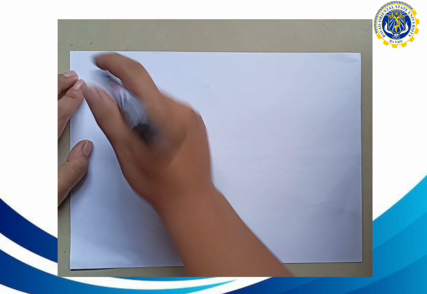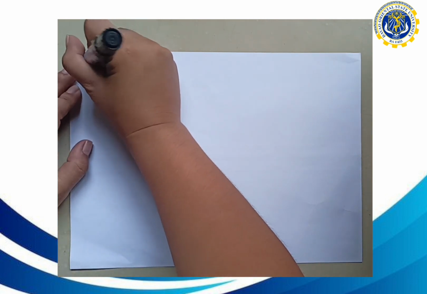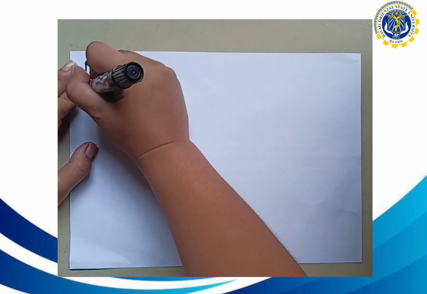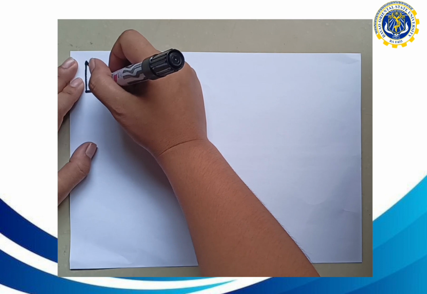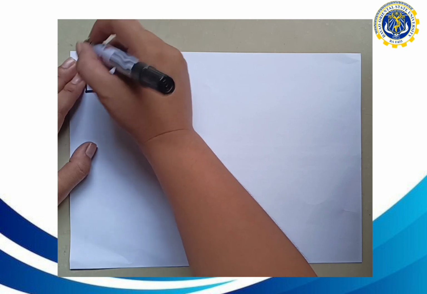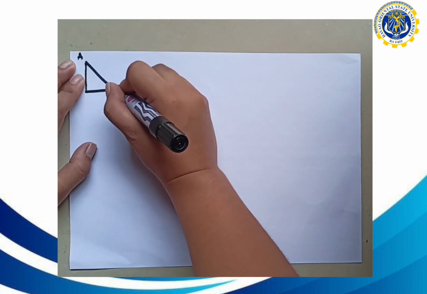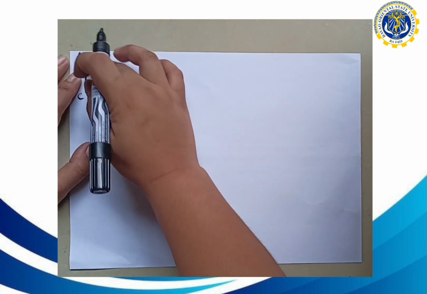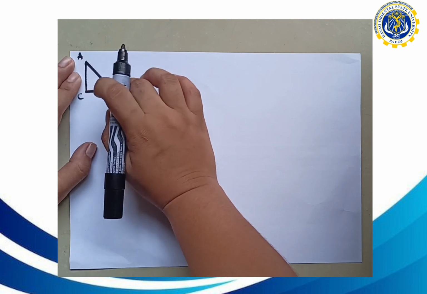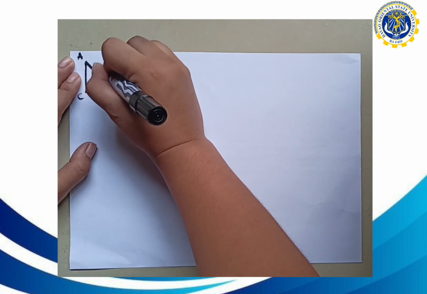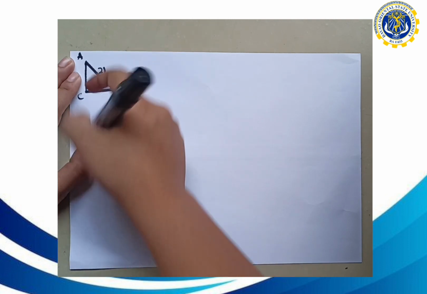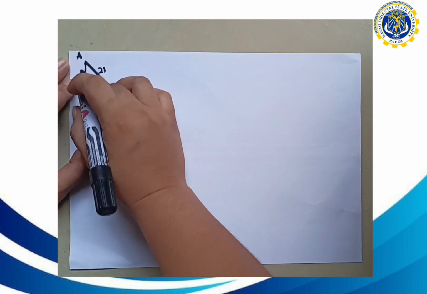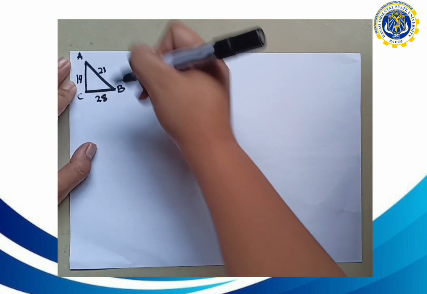We have triangle ABC, where AB is 21, BC is 28, and AC is 14.